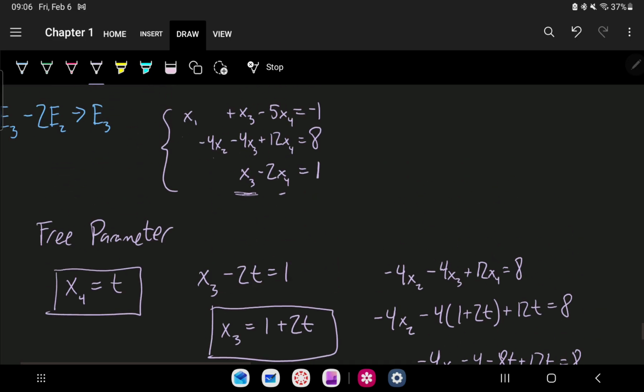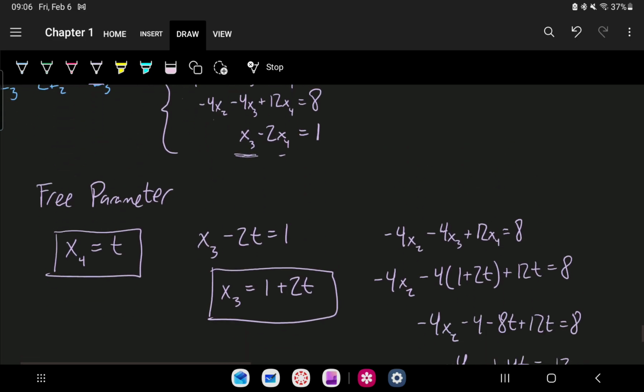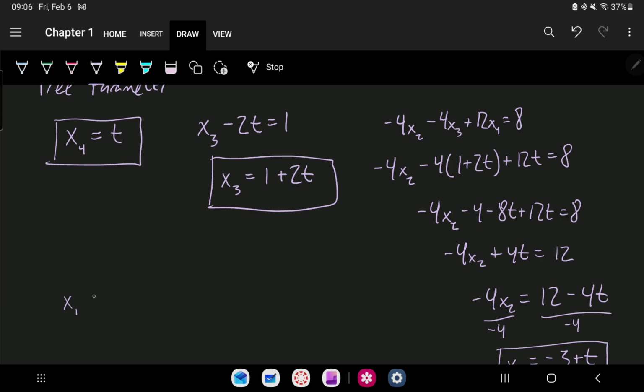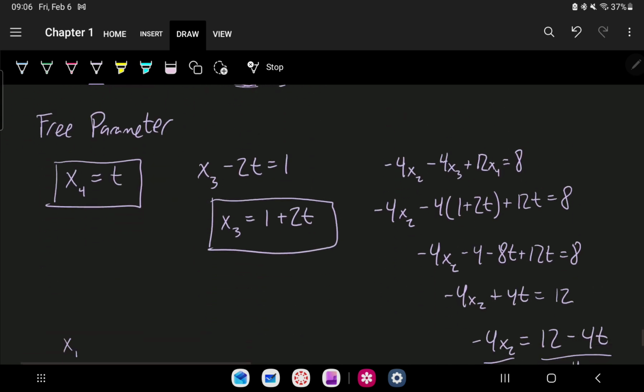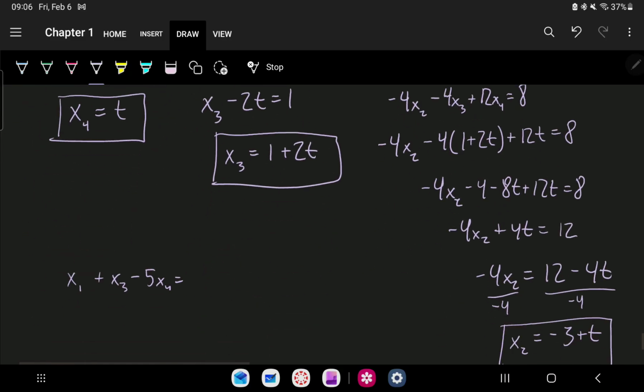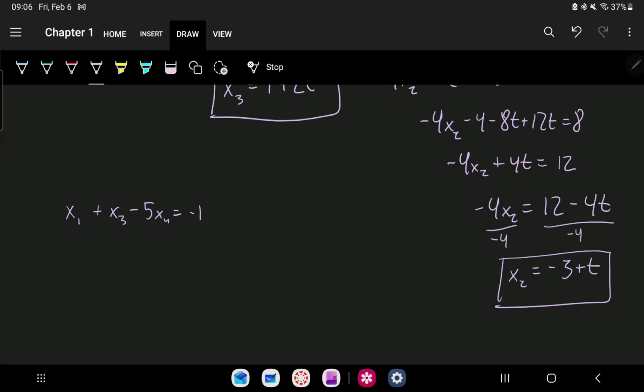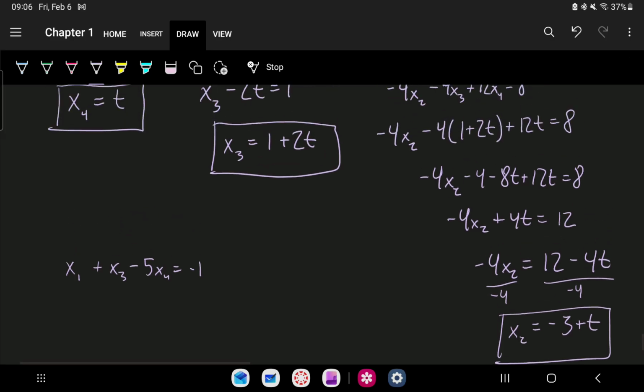Okay, so now we just have the one more to solve for x1. Forgive my scrolling here. Plus x3 plus 5x4 equals negative 1. Right, so we can use x3 and x4 to solve for x1.